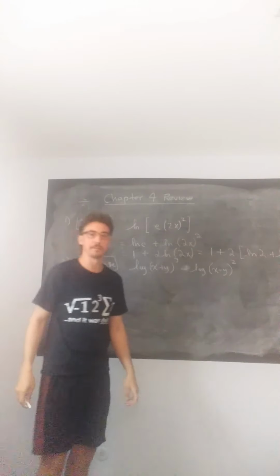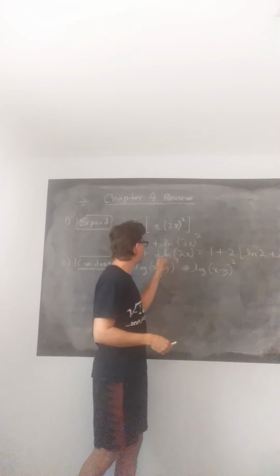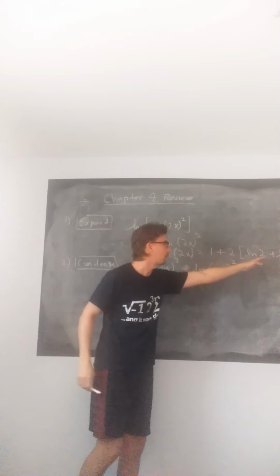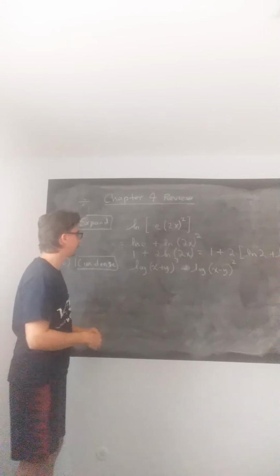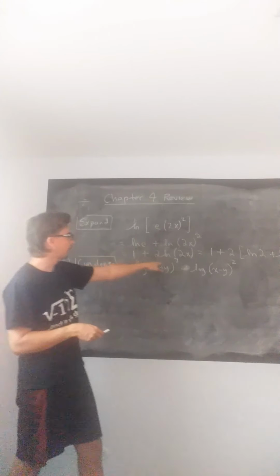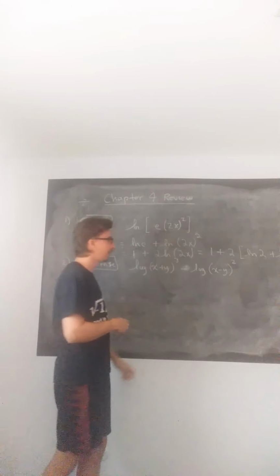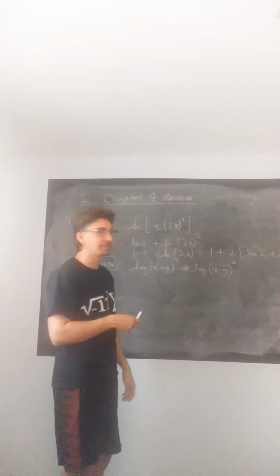And notice I put the big square bracket around that because this 2 is out in front of this whole expression, which broke down into those 2 pieces. So 1 plus 2 ln of 2x is 1 plus 2 times the ln of 2 plus the ln of x. Okay, so that's a little review.